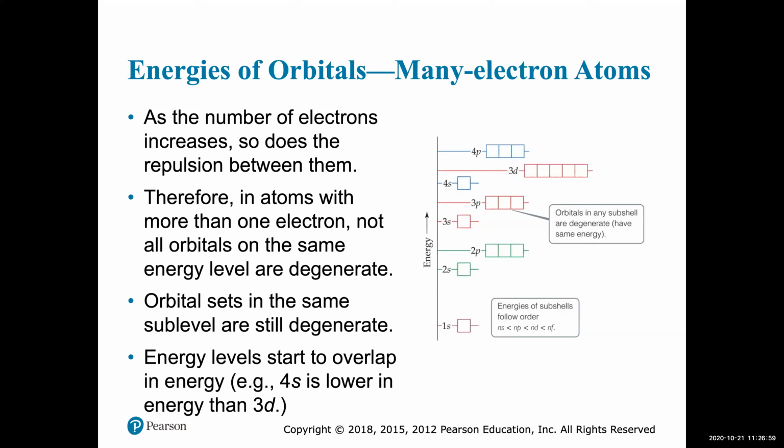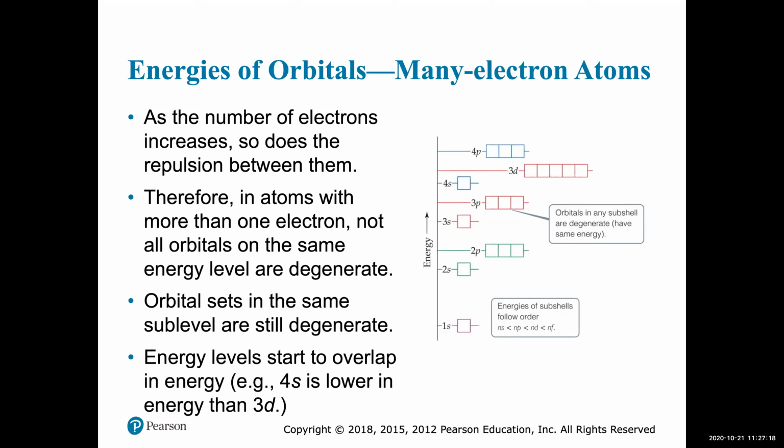Within the subshell, they're still degenerate, they're still the same. So in other words, if we look at the 3p, all 3 of those 3p's are still at the same level, but the 3p is different than the 3s or the 3d.